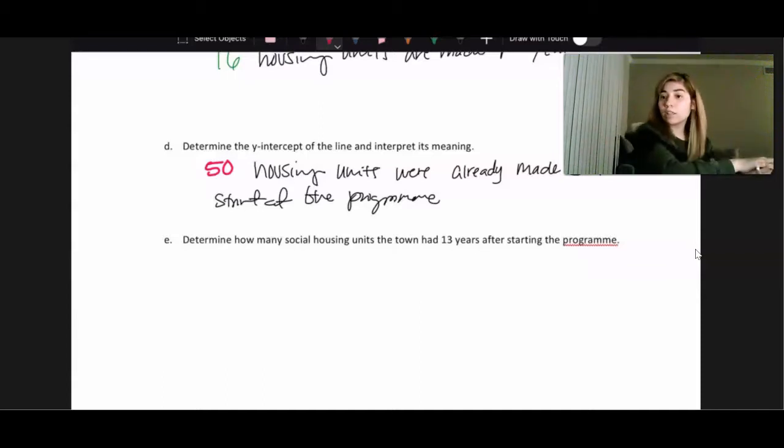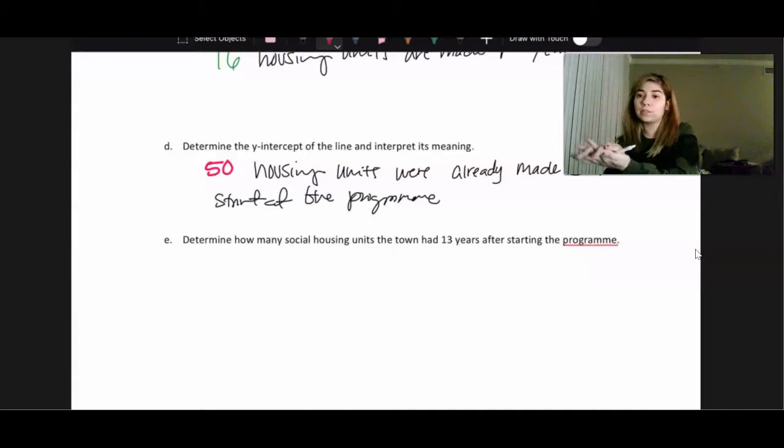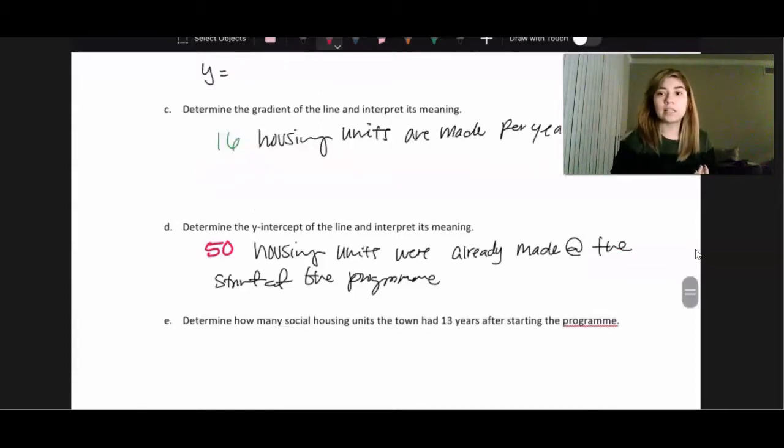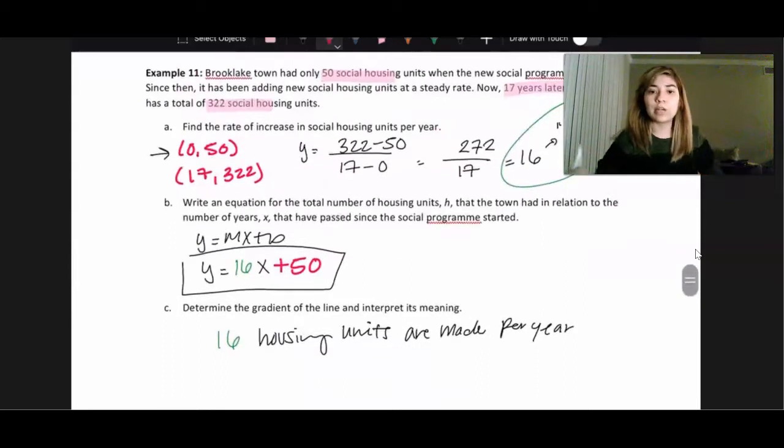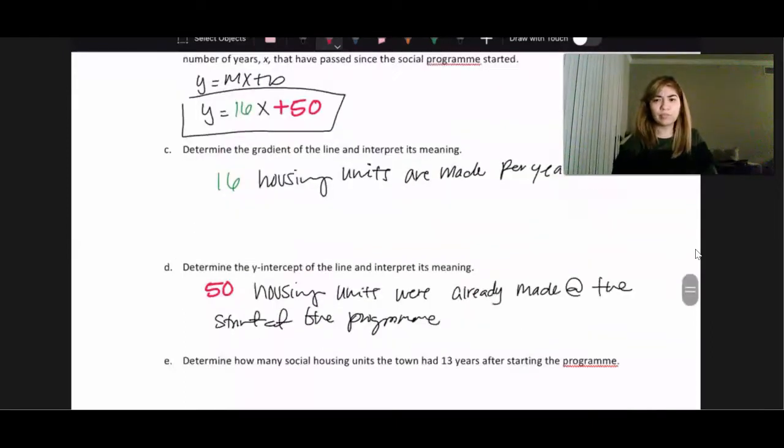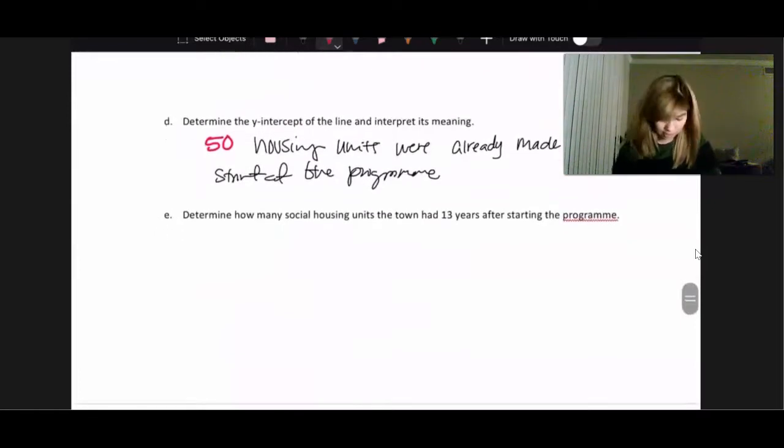After 1 year, that will cause more to be built, and in 2 years, it will cause more to be built. It makes sense with our equation, y equals 16x plus 50: it's 16 housing units per year. So x represents years. They're telling us to figure out how many social housing units will be made after 13 years.